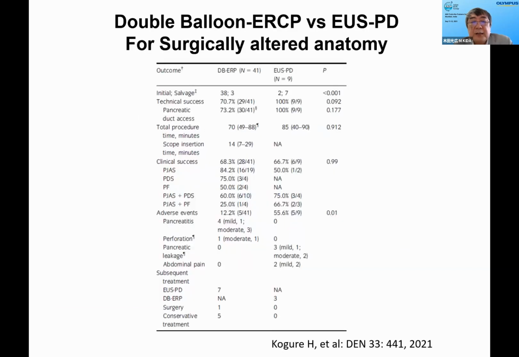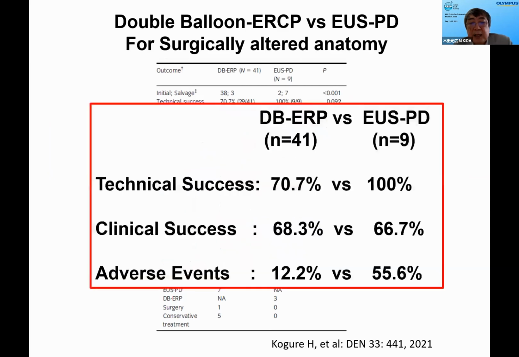And also, in case of surgically altered anatomy, there is a comparison of double balloon ERCP versus EUS-PD. This is not a randomized study, but a retrospective study. The technical success of balloon enteroscopy is a little bit less than EUS-PD, but the clinical success is the same.